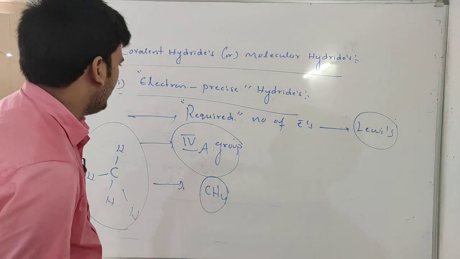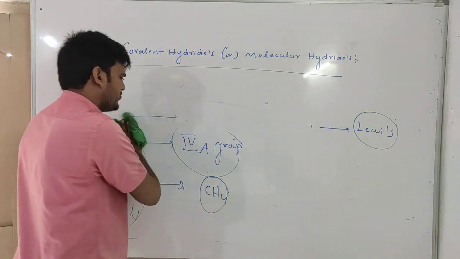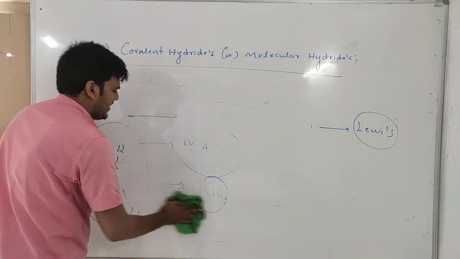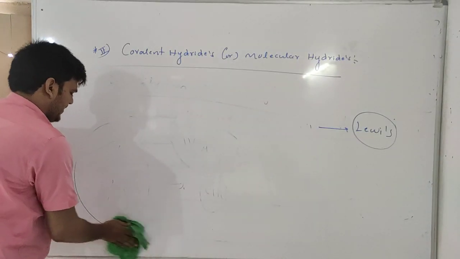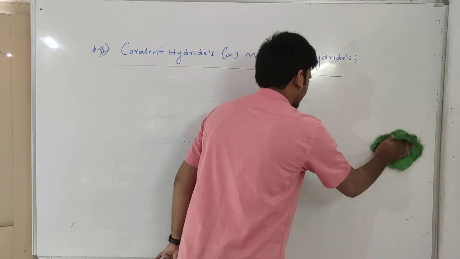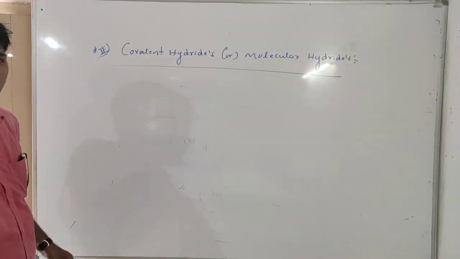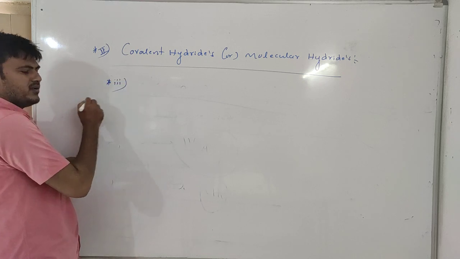And last and final, electron rich hydrides. The first one is electron deficient, the second is electron precise, and the third is electron rich hydrides.